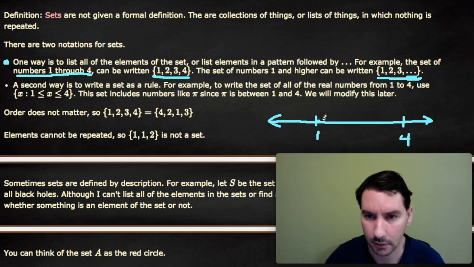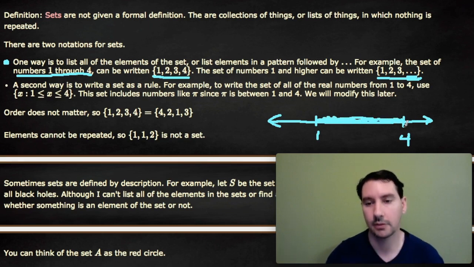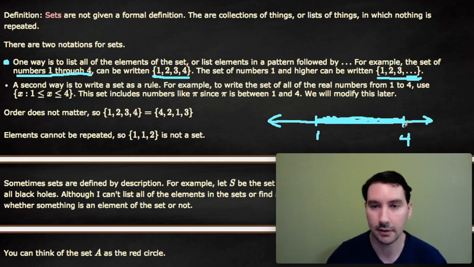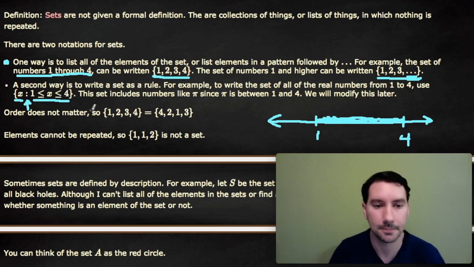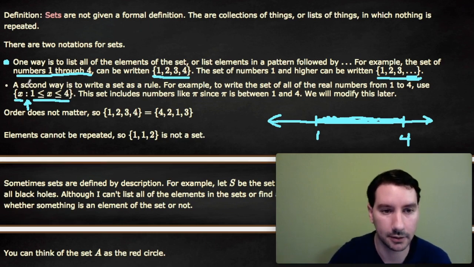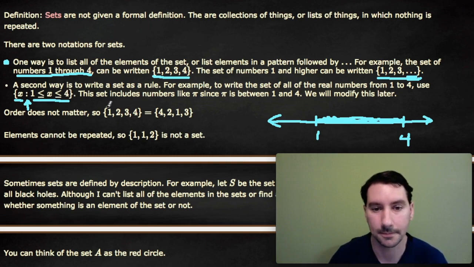And I want all the numbers between 1 and 4. Well, there's not really a nice pattern to that, right? It's going to include things like pi and e and square root of 2. But I can write it down pretty easily in a mathematical notation. So the way I would write that set is the set of x such that, and this colon here means such that, 1 is less than or equal to x is less than or equal to 4. So this here is the notation for the set of all real numbers between 1 and 4.